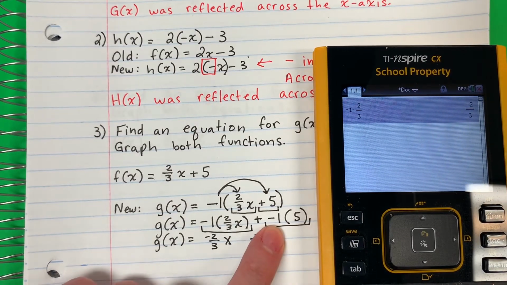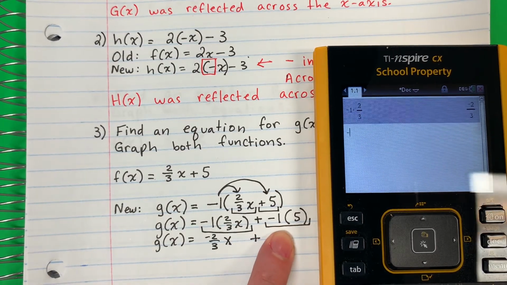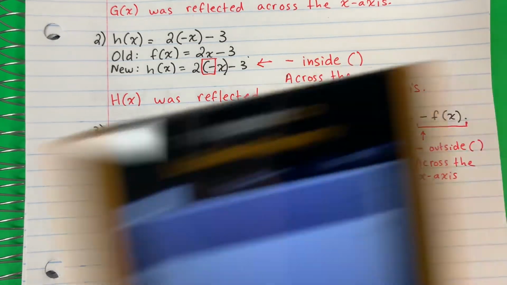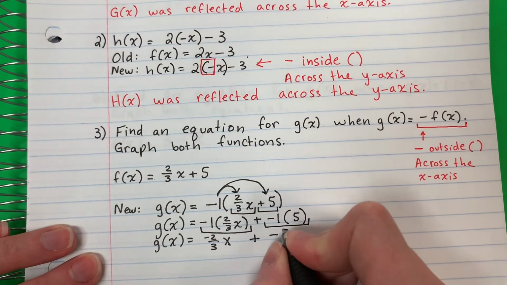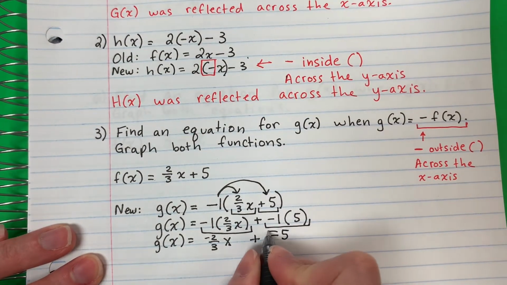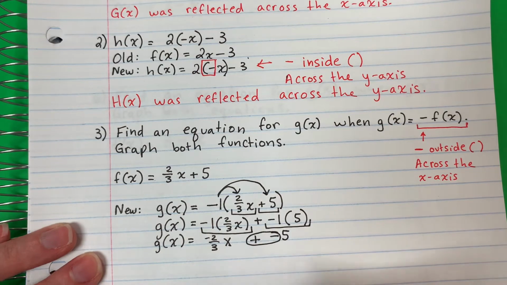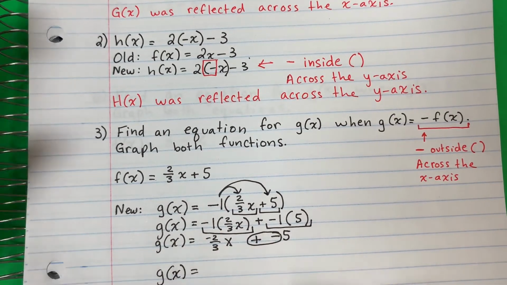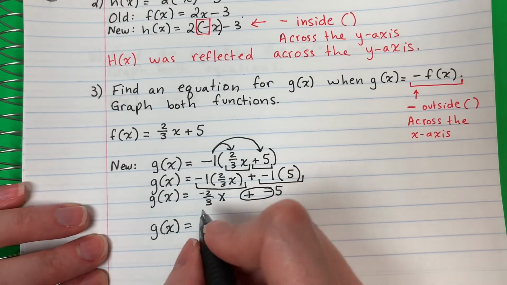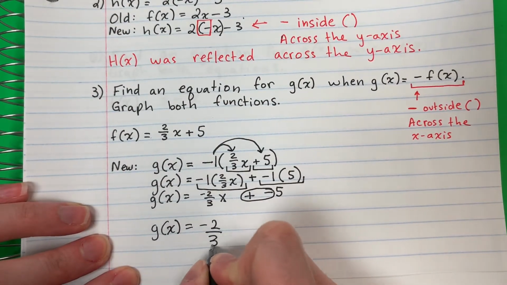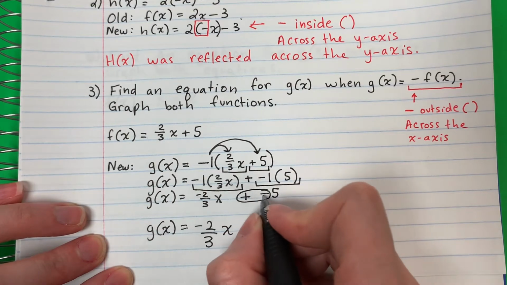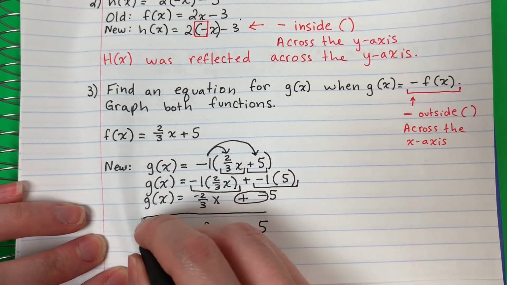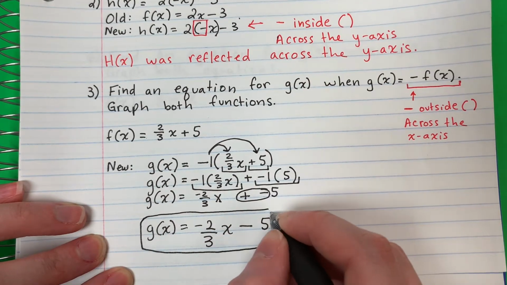Put in the calculator -1 times 5. -5. And then what is plus minus? Minus. So copy again, g of x equals, copy -2/3 x, plus minus is -5. So this is the reflection equation.